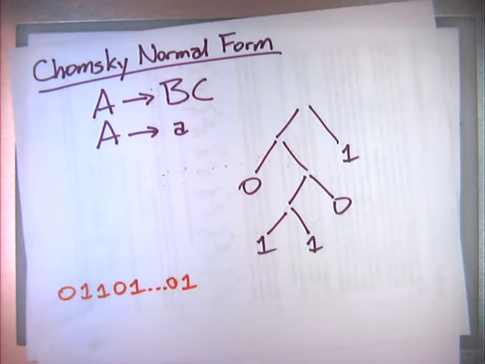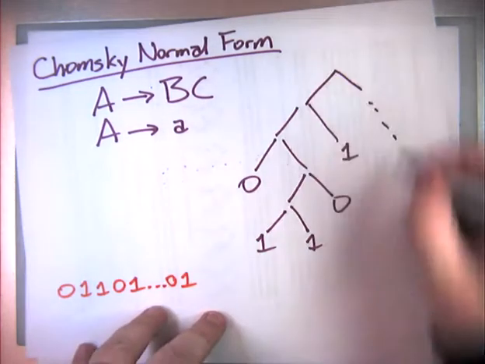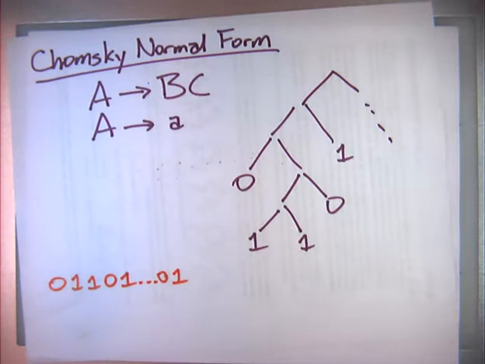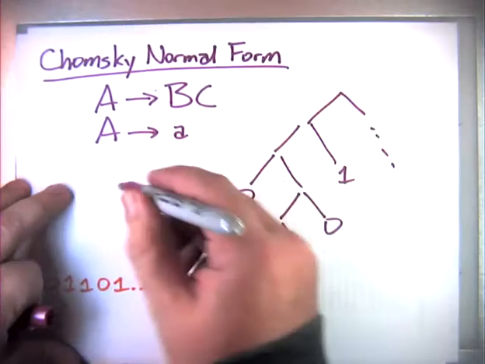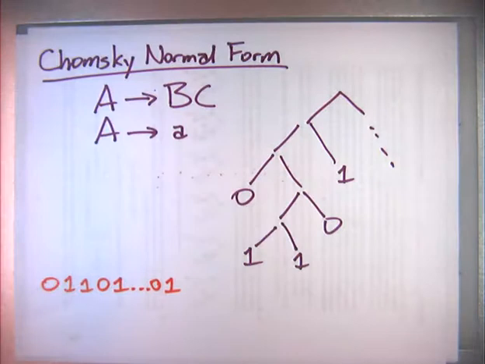Maybe there's more stuff hanging off here that I haven't shown you. Now, the decision that I have to make is, if I'm trying to match this string to one of my non-terminals, first, which production rule do I apply? And second, where do I break the string?